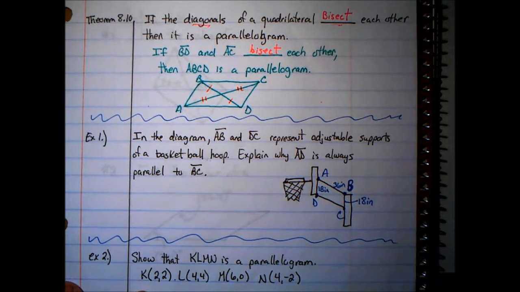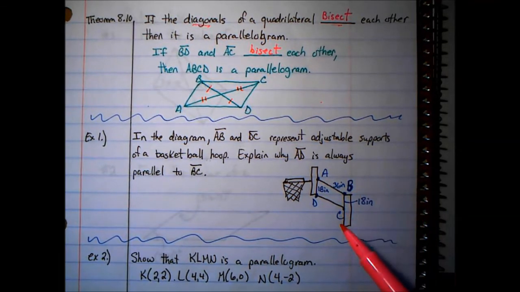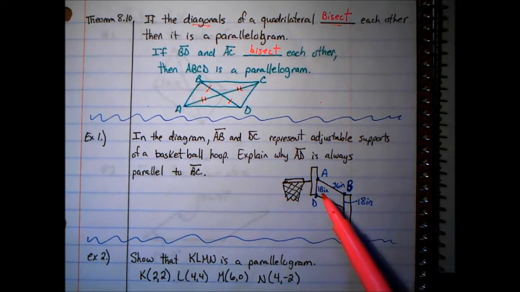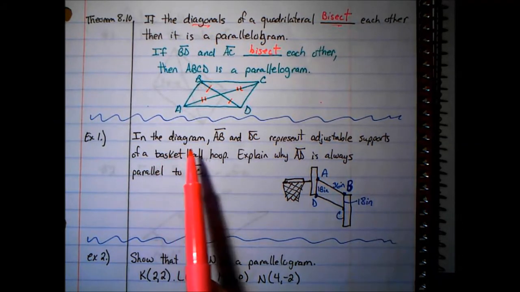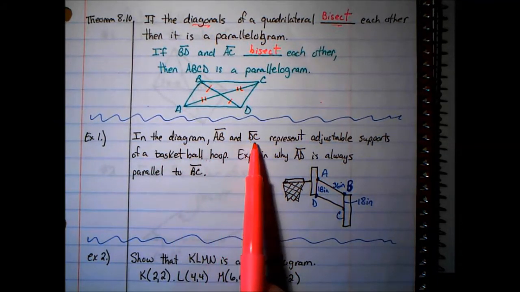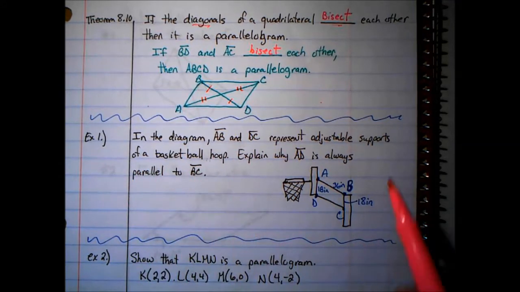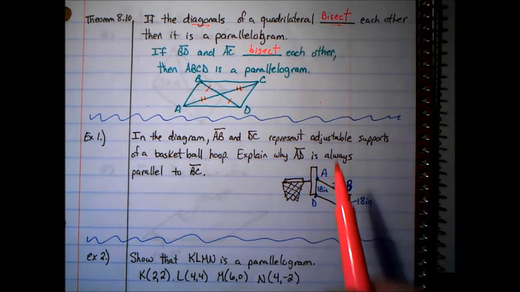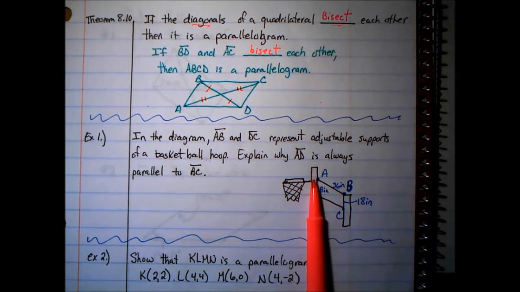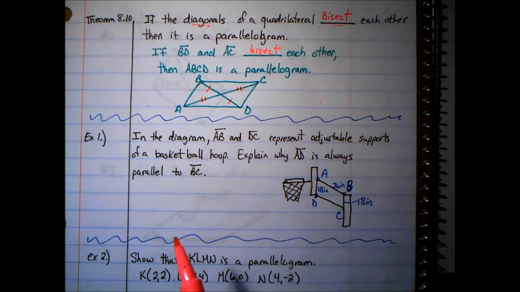In our first example, this is my funny looking little basketball goal that they had on the example. It said in a diagram AB and DC represent the adjustable supports of the basketball hoop. So this thing can go up and down based on how high you want the hoop to be. It moves.